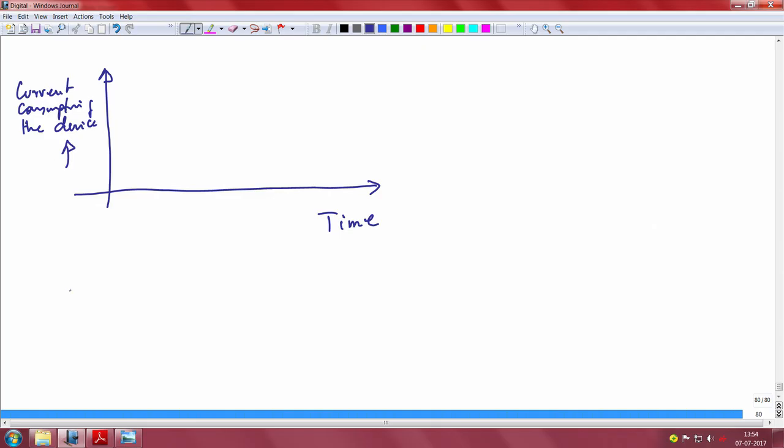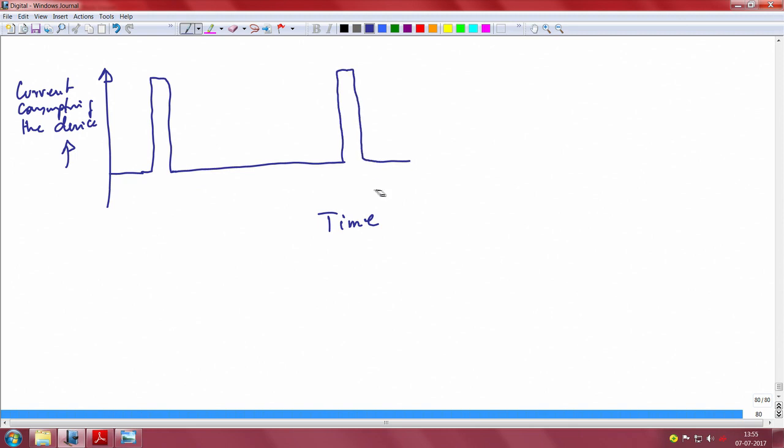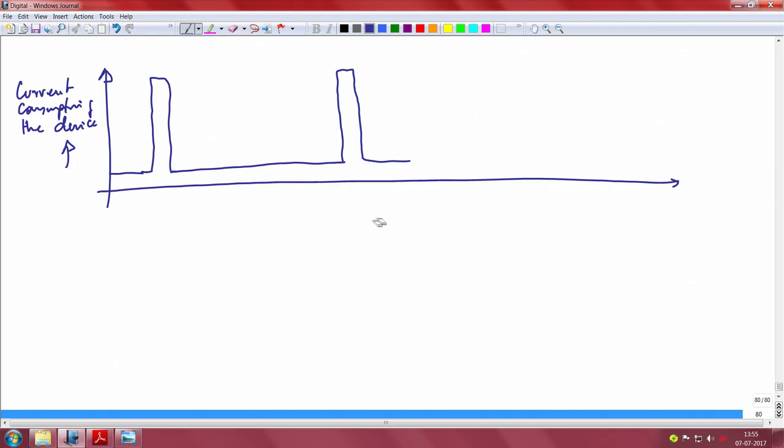I will draw something like this, ideal like this, okay, and I will do this and I will do this. Obviously I need to extend this like this little more just for completeness, and put back time. Okay.